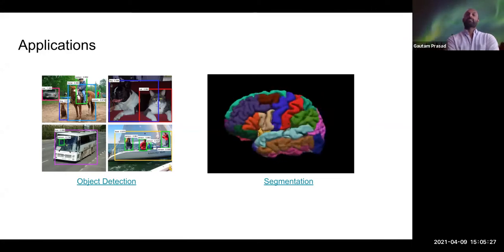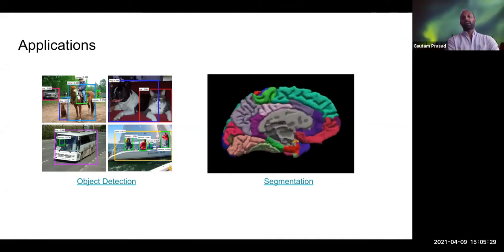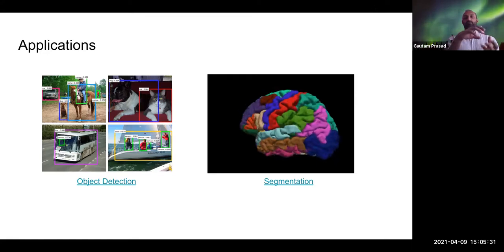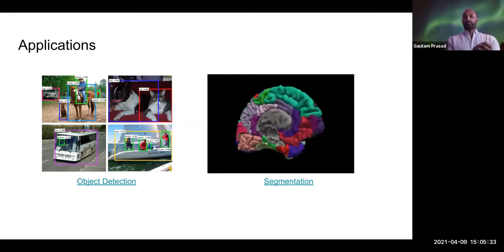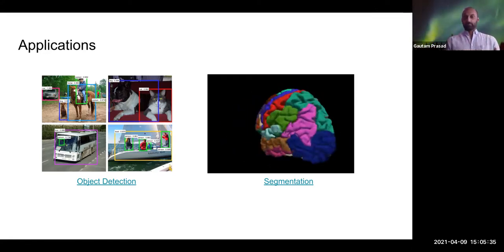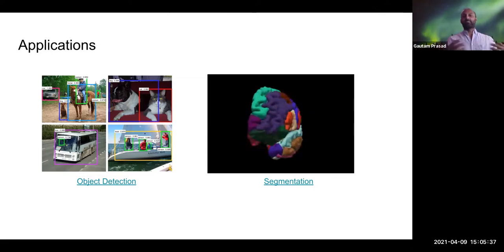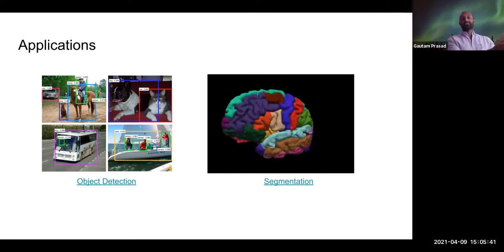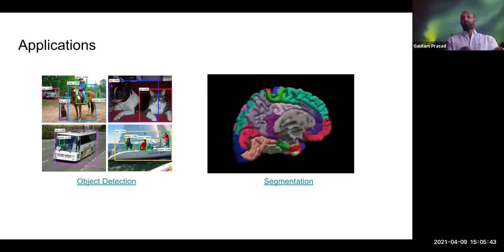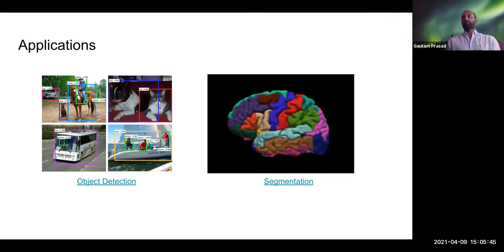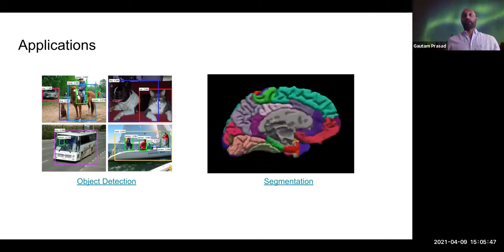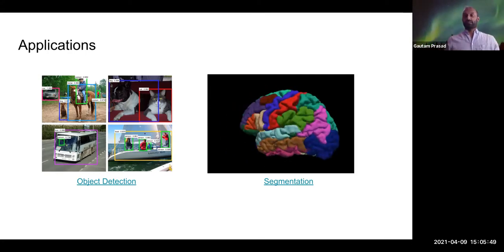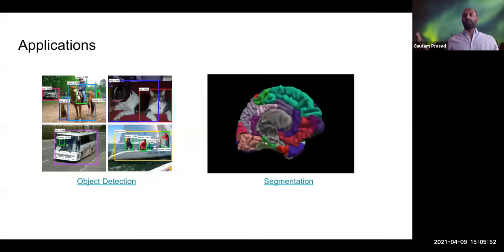So on the right, this is an example of a human brain where different anatomical regions of the brain have been labeled. And typically in the past, we could have asked a human to label different images, tell us what the objects are. For brain images, oftentimes we'll use a machine like an MRI scanner to get a 3D volumetric image of someone's brain.